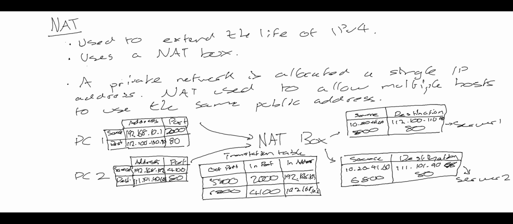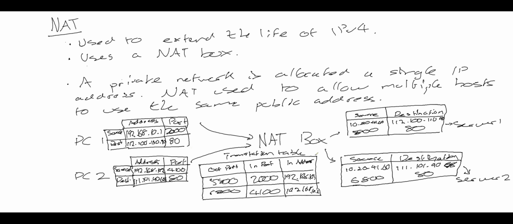So we store the public IP address of this internal IP network, and we use the port numbers when requests are coming back to distinguish which PC the incoming packets to the network should use.